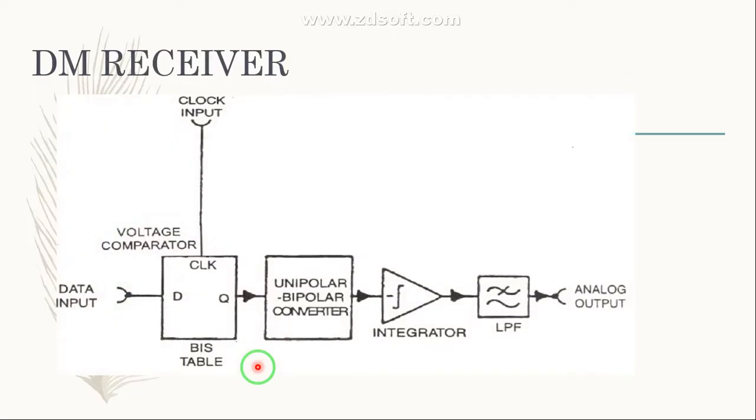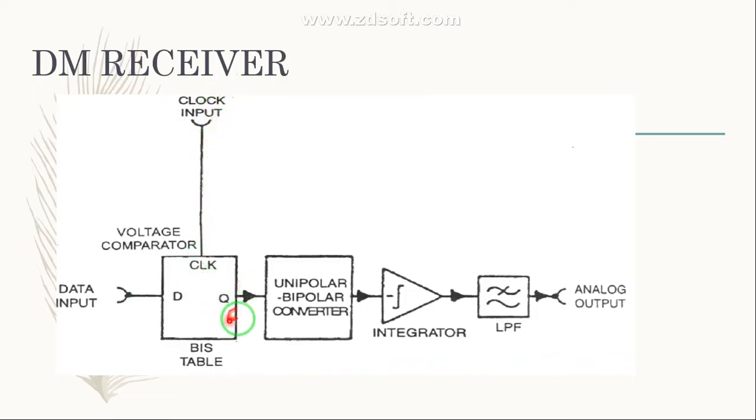Now understand this receiver. The output of the delta modulator that is transmitted is given to this receiver section, and it is also fed to this D flip-flop. The data input is latched into the D flip-flop, which is clocked by the receiver clock.